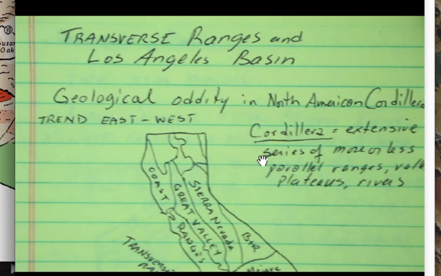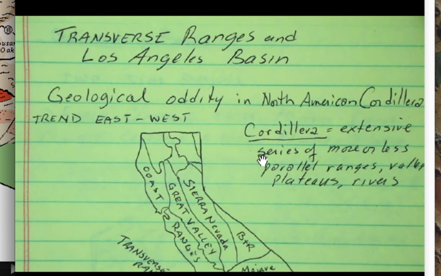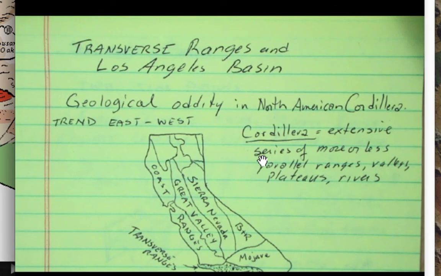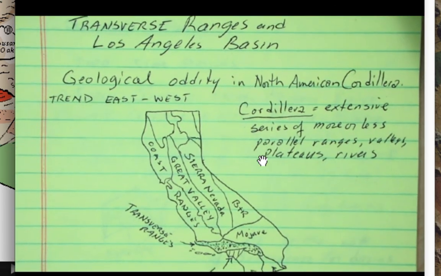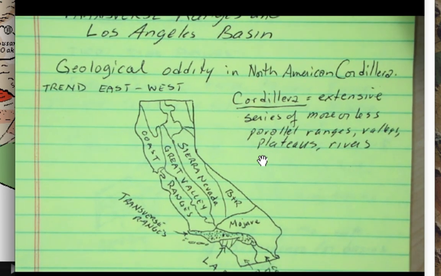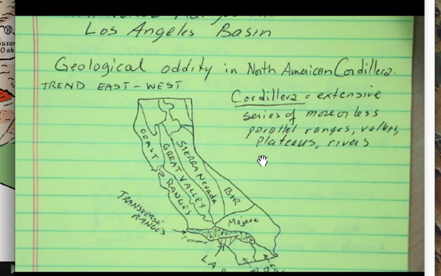So one of the things about the Transverse Ranges, it is a geologic oddity in that the ranges run east-west instead of north-south like the rest of the North American Cordillera. Remember, the Cordillera is a series of mountain ranges, valleys, plateaus, rivers that really are related in the western United States.